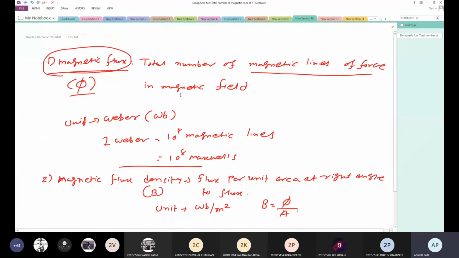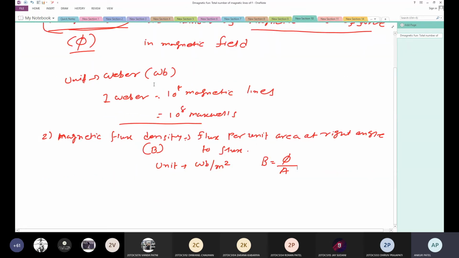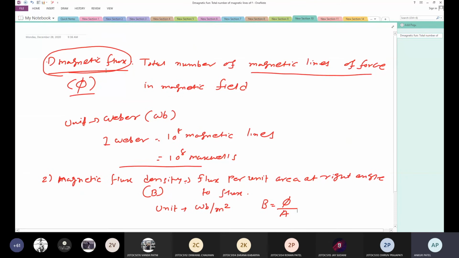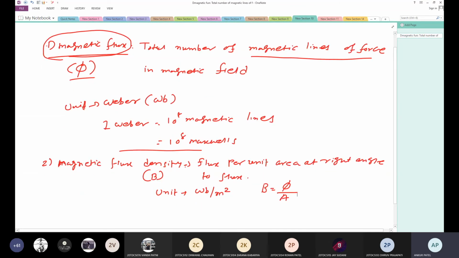Okay, and you already studied this concept in 12th. Do you know Faraday's law? Faraday's law.